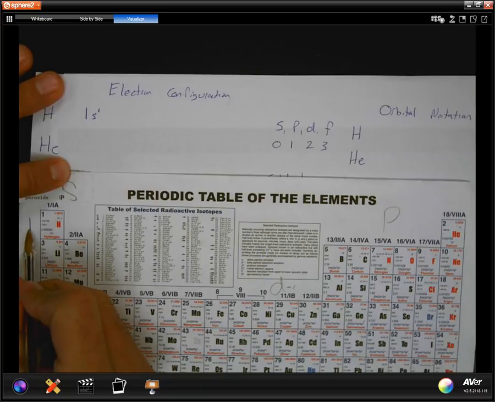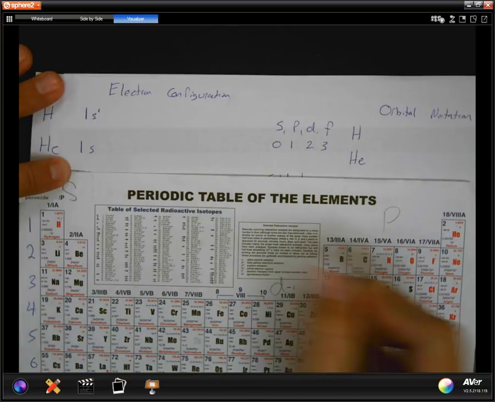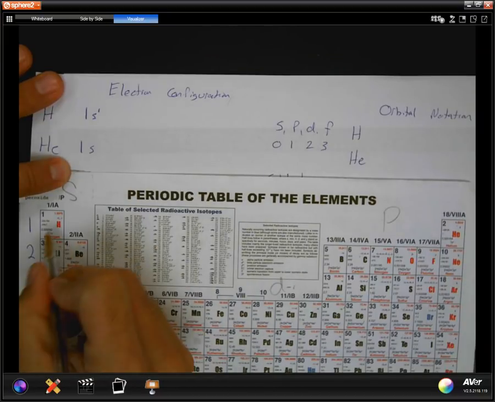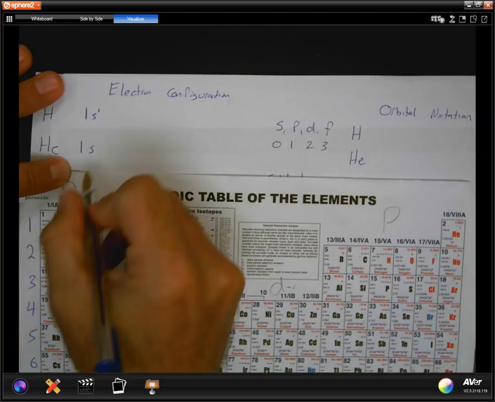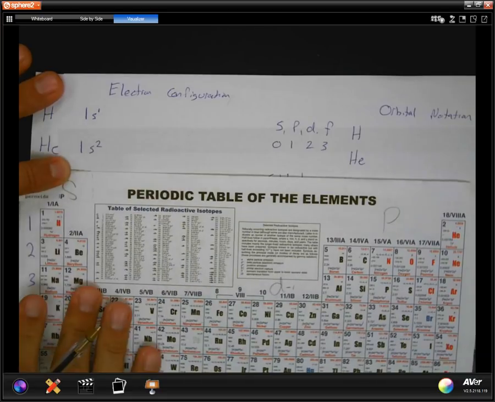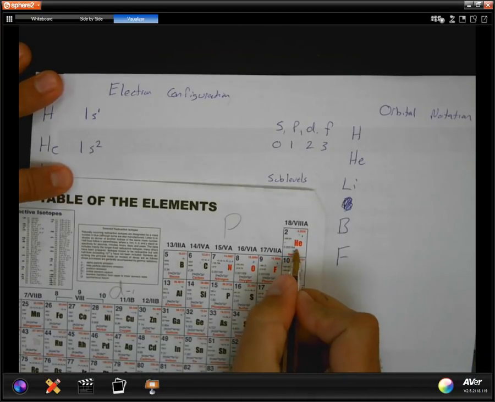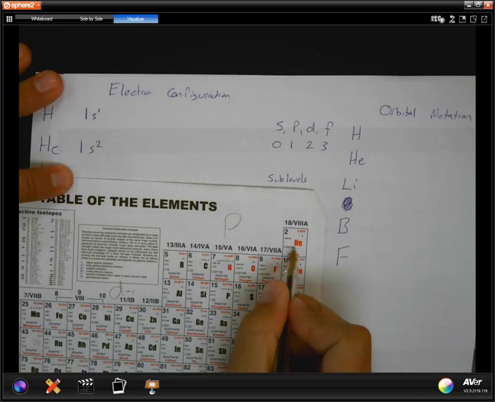I see that I'm in the first energy level because I'm in the first period. We're dealing with the s block here because we're pretending that that's right here. And I see that there are 1, 2 electrons. And so therefore, the electron configuration for helium is 1s2. And again, any time you need to, you can check your answer on your periodic table to double check that you got it right.